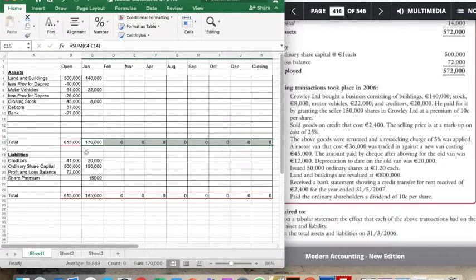But he gave not cash but shares which were worth 165,000. So he actually paid more than it was worth. And the extra money you pay for something, you're paying for the other business's reputation. That's called goodwill. So you're paying 15 grand extra, and we call that goodwill.